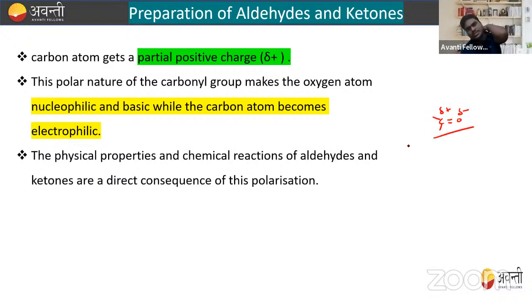So the polar nature of the carbonyl group makes the oxygen atom nucleophilic because it wants to shift the electrons towards itself and become electron rich. So it behaves like a nucleophile and a base, while the carbon atom becomes electrophilic because it feels a deficiency of electrons. The physical properties and chemical reactions of aldehyde and ketone are a direct consequence of this polarization, right?